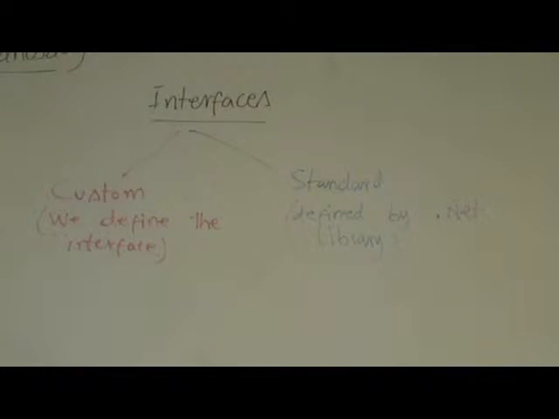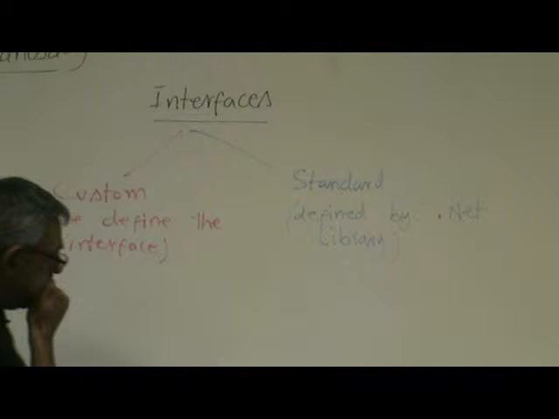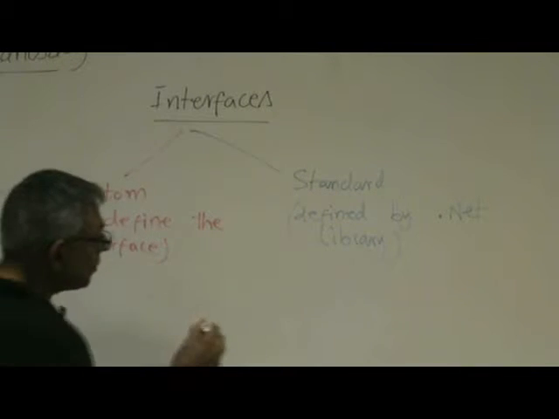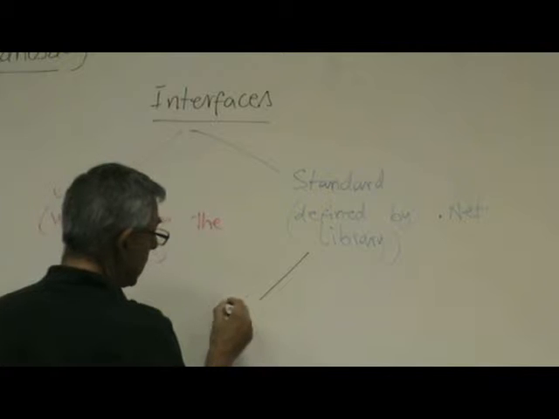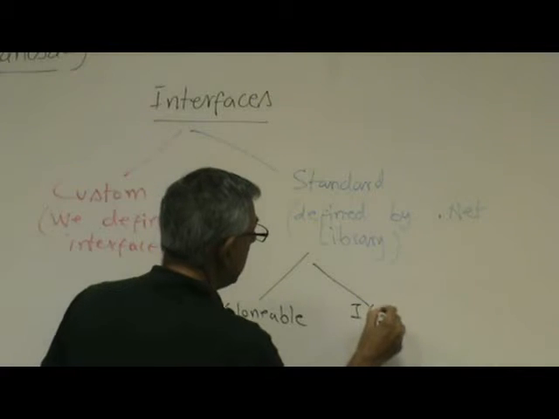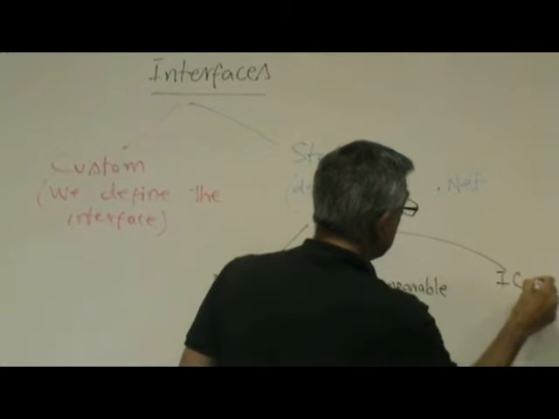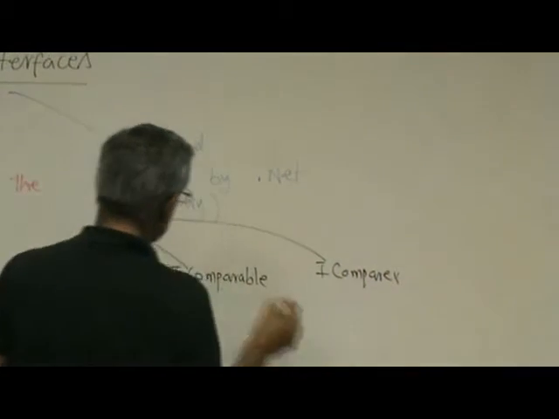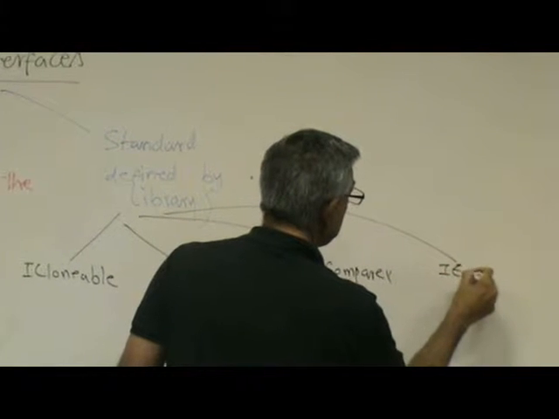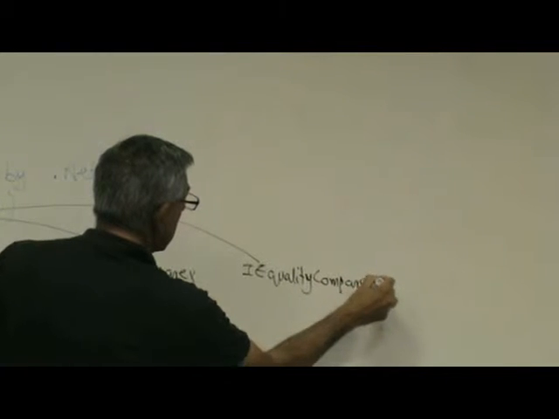So there are a few popular interfaces that, in my opinion, every programmer should feel comfortable implementing. Some of the popular interfaces are ICloneable, IComparable, IComparer, IEqualityComparer.